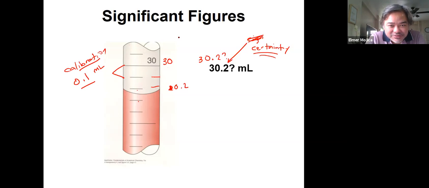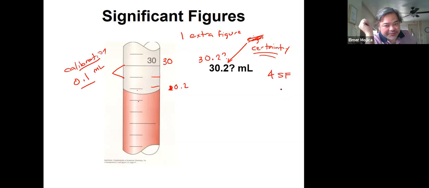You need to add one extra figure. So if you're going to express the measurement here, it should have 4 significant figures. So what will be the last number?